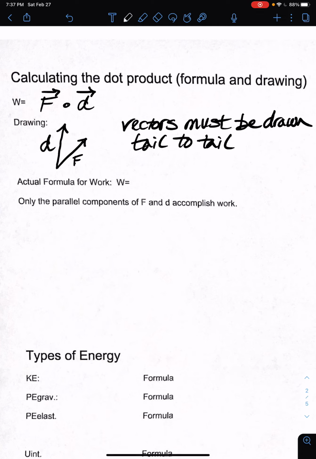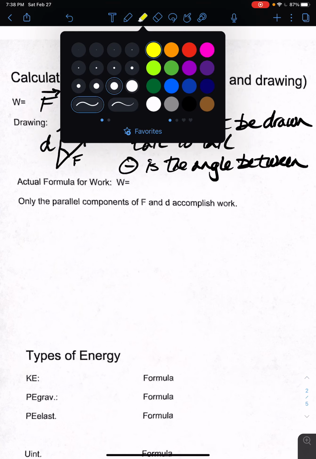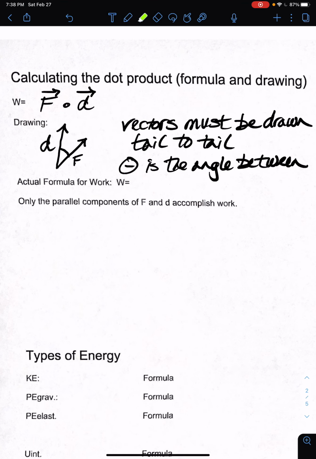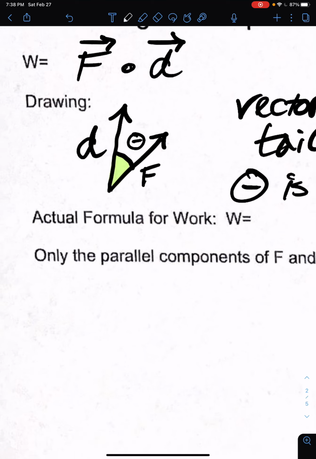That theta is the angle between. So right here, this angle, let me make that highlighter a little smaller. That angle right there in green is theta.